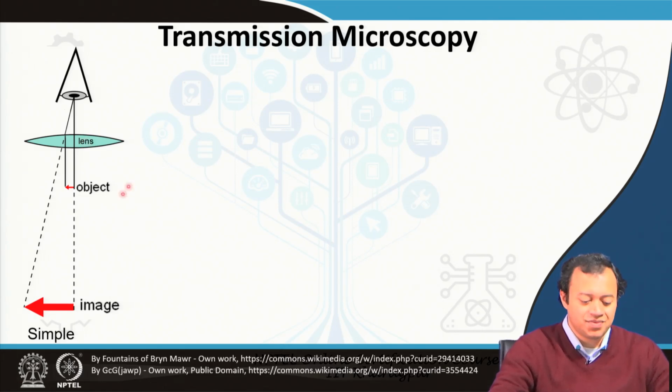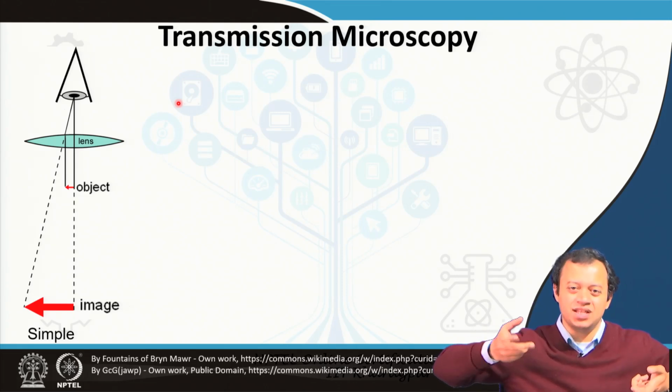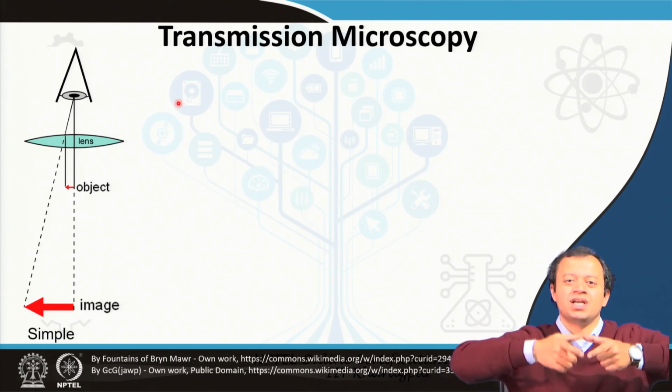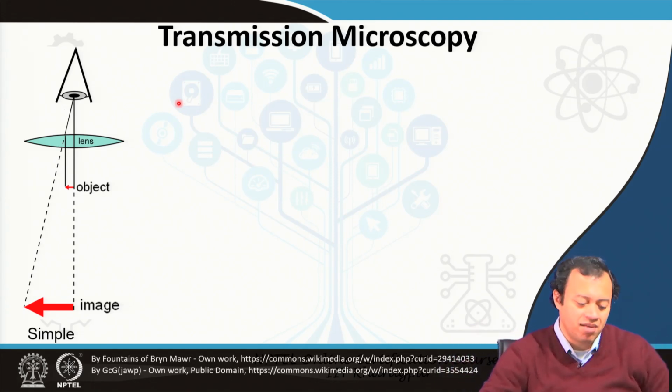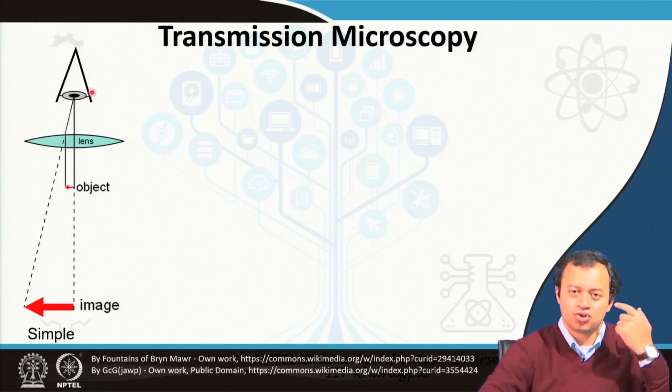This magnifying glass, for a simple microscope, is connected with some kind of mechanical stage, and by rotating the knob, you can move the stage up and down, which is connected with the lens in between, and thereby the focal length changes. So the light coming from the object goes in parallel and converges to your eye.